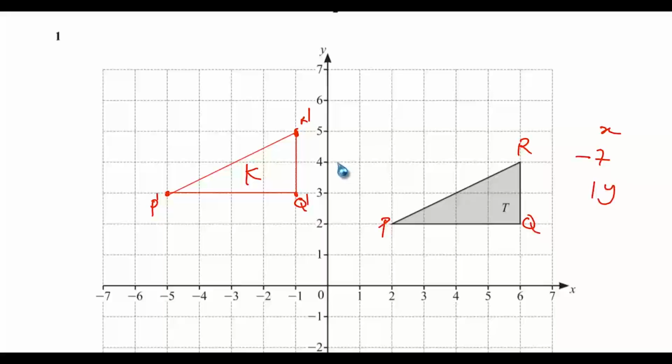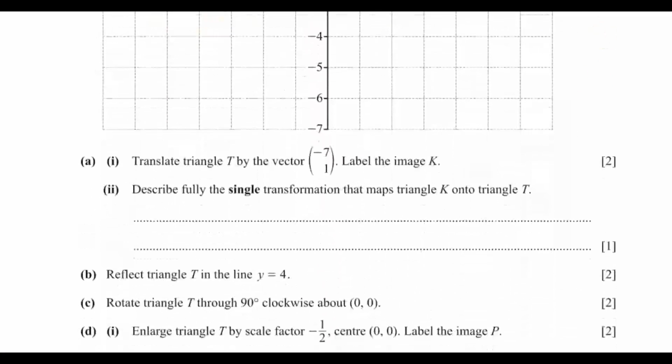That is, x is equal to 7 and y is equal to -1. So let's see. 1, 2, 3, 4, 5, 6, 7. You can see we counted towards the right hand side, so that means x is +7 and 1's down. Okay, that will be -1. So we can easily go here.